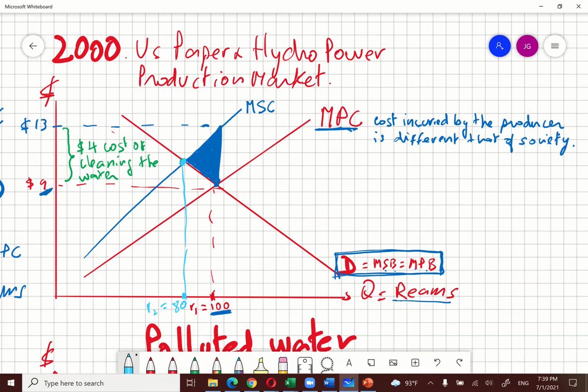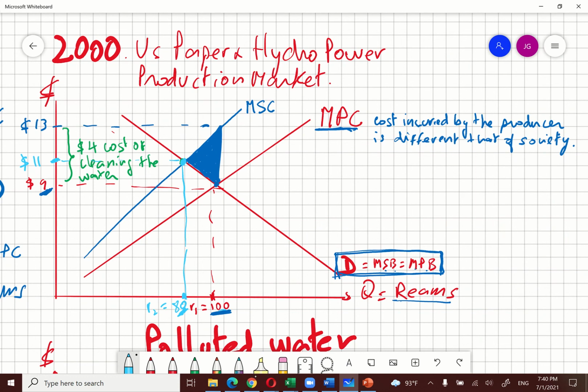This equilibrium is the quantity of reams that we should be producing if we include part or total costs of the cost of cleaning up. And so normally, we should not be consuming 100 units. We should only be consuming 80 units, right?